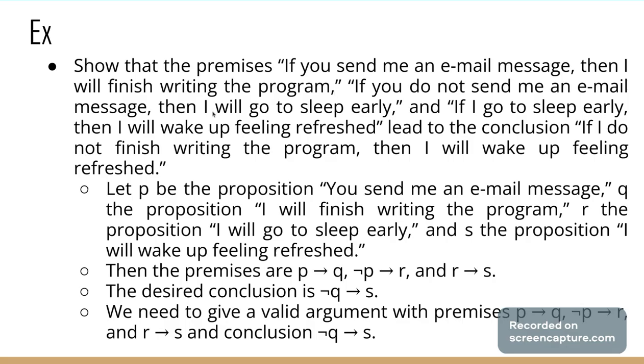So let R be I will go to sleep early. Then the first part of the third premise is the same as R, so no need to represent it again. In the second part of the third premise, I will wake up feeling refreshed, let that be the proposition S. Now we have got all the pieces.